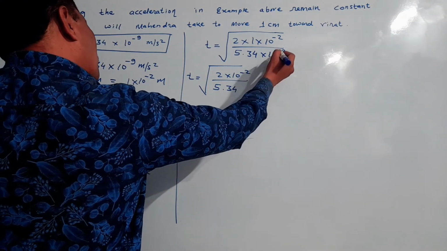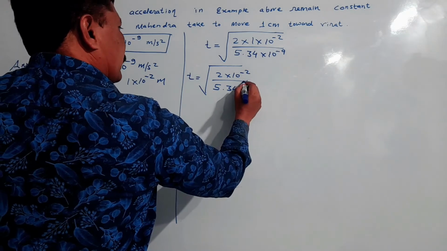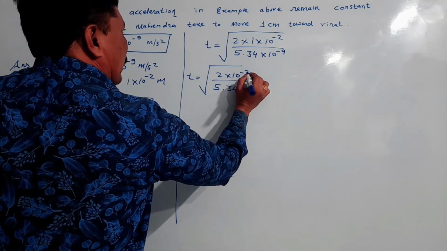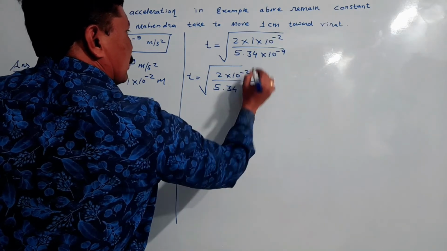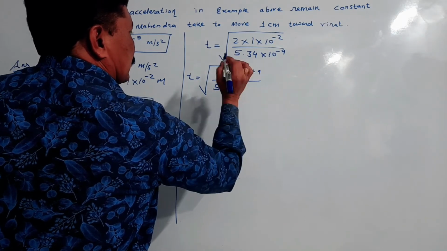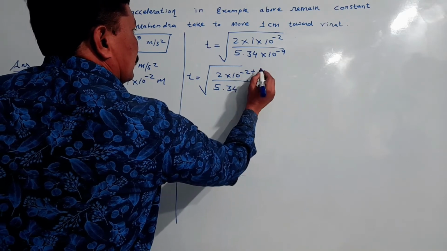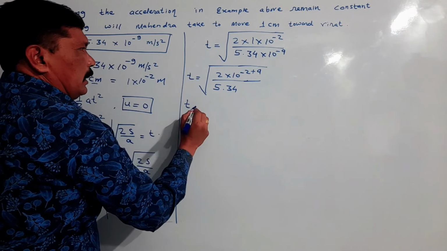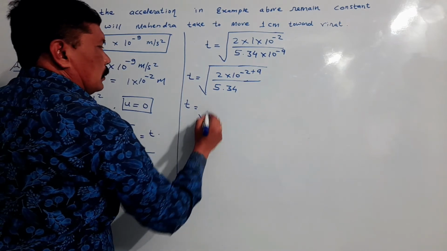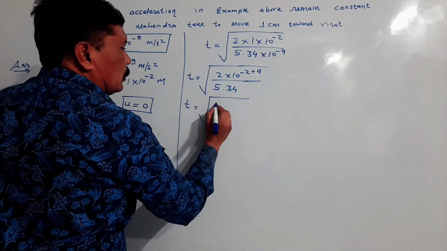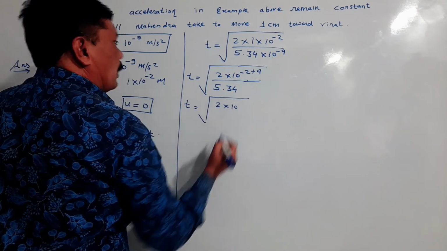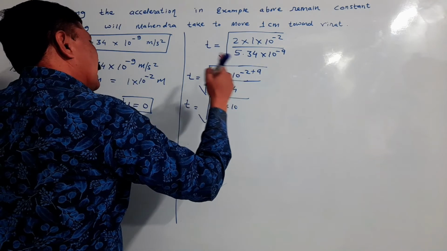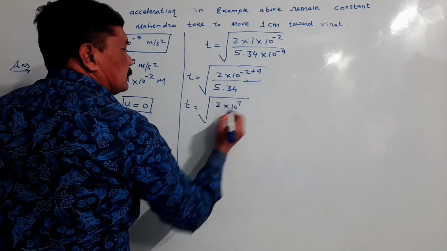10 to the power minus 9 we will take up. So here we can write 10 to the power minus 2, minus will become plus 9. T is equal to under root 2 into 10 to the power 9 minus 2 is 7.